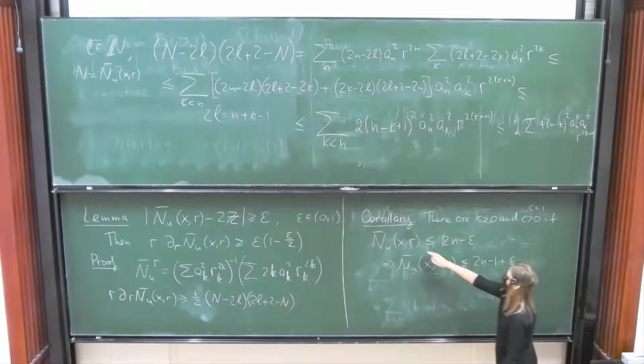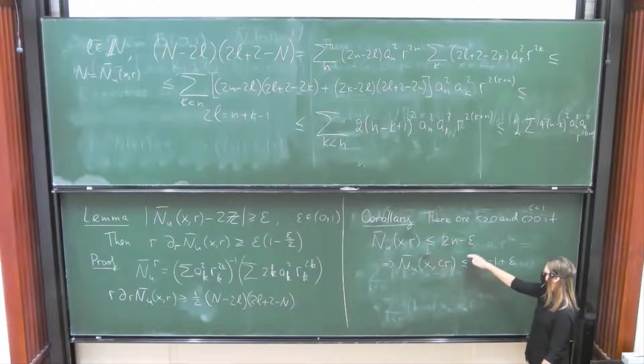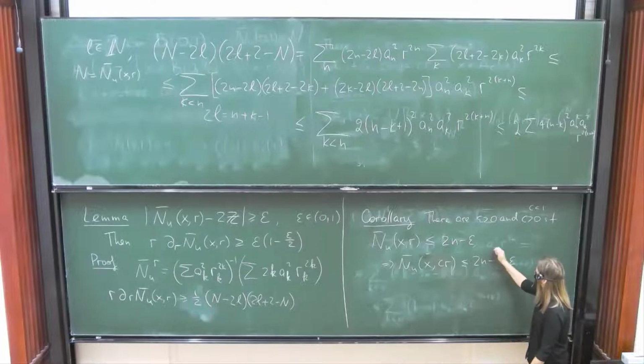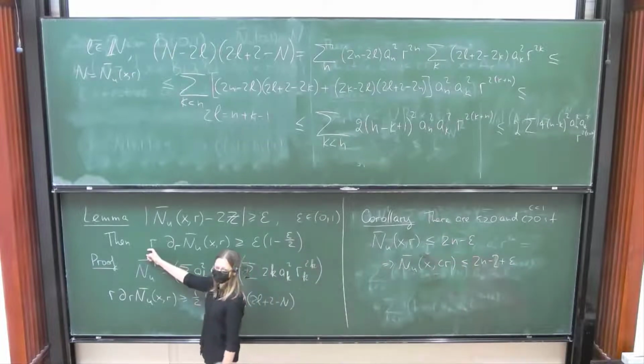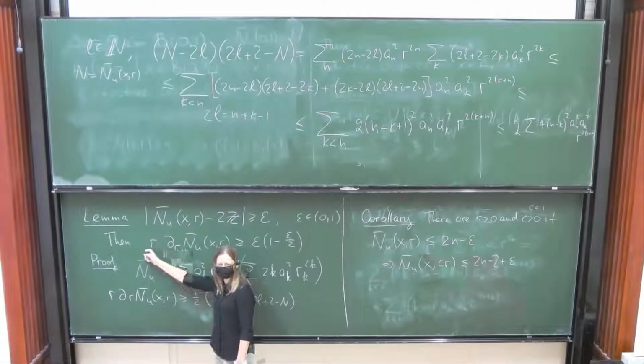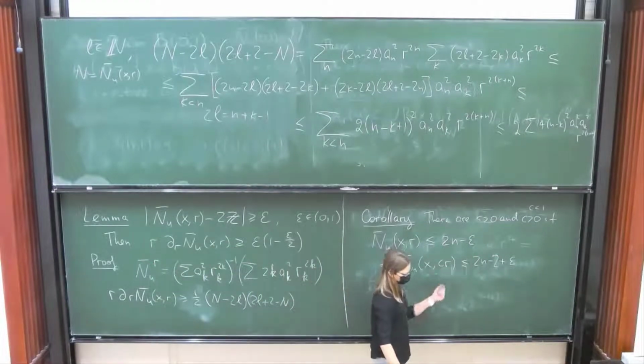So either you're already below this and there is nothing to prove, or you're above this and you know that the distance to your twice integers is at least epsilon, and then there is some speed of the derivative when you multiply it by r, and that gives us your multiplicative factor here.